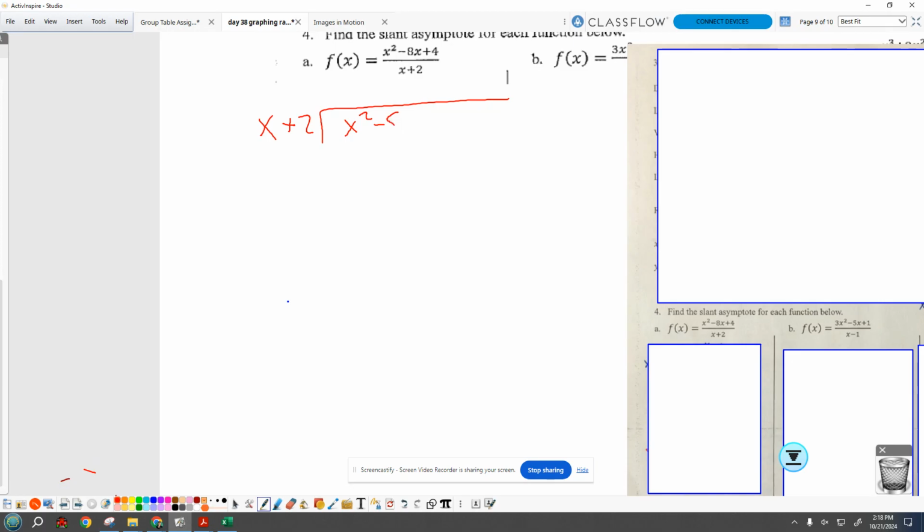The thing on top is inside the little chunk, and the thing underneath goes out on the side. It's a challenge. Okay, there you go. So the process is, how many times does x divide into x squared? X amount of times. Then he says, x times x is x squared. X times 2 is 2x.